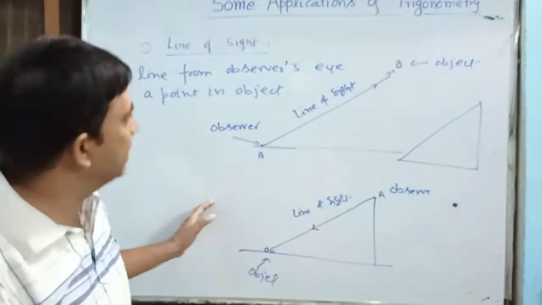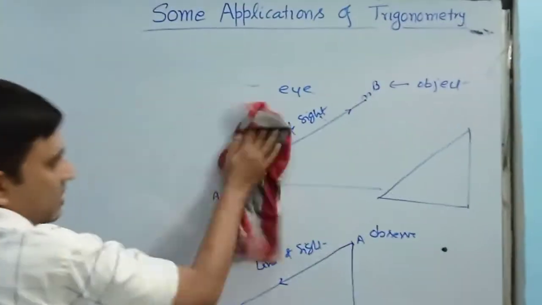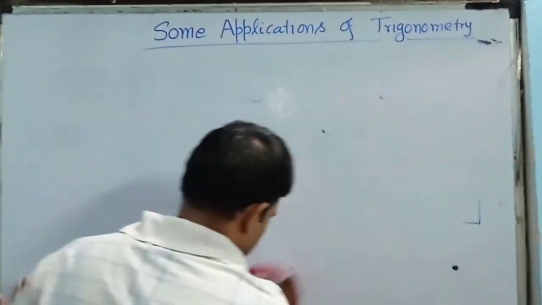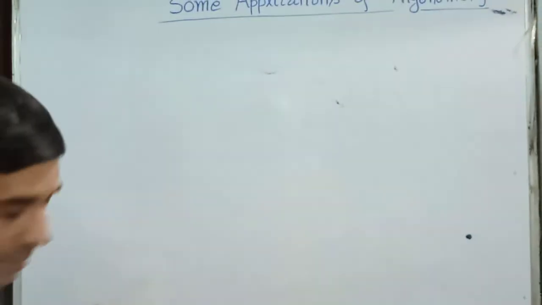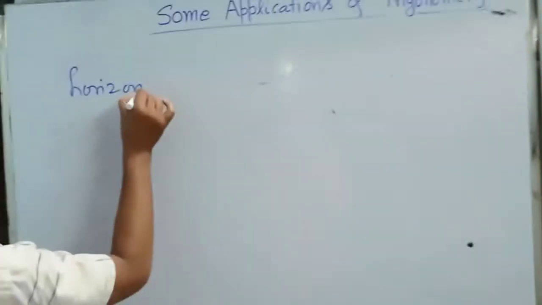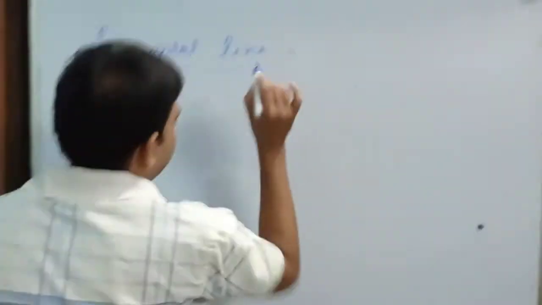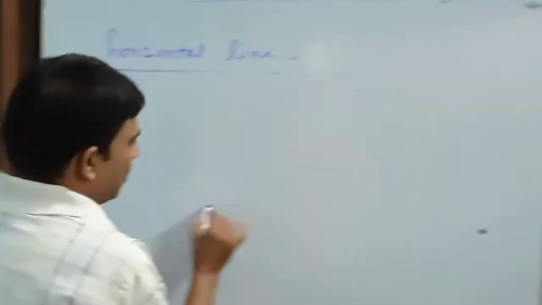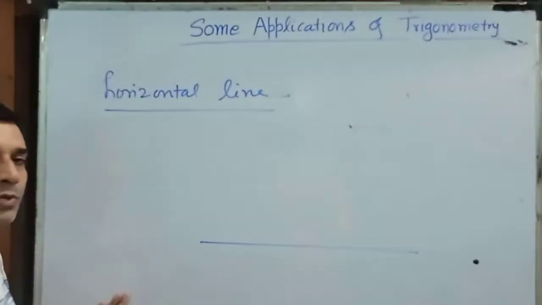Right? Now we will see the second term. Second term is horizontal line. Very important. What is horizontal line? Suppose it is ground line.